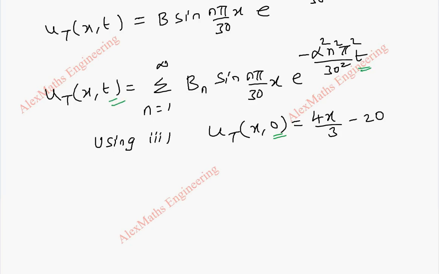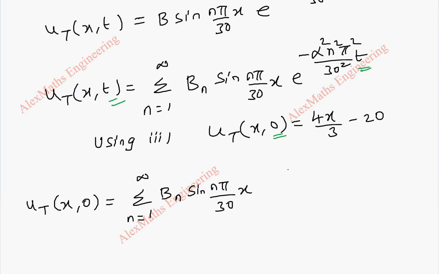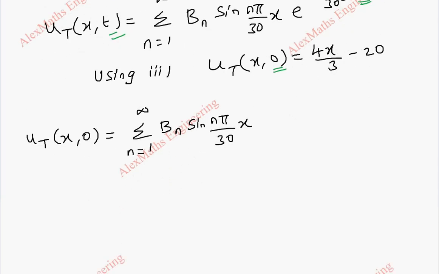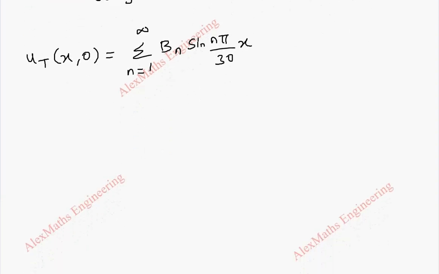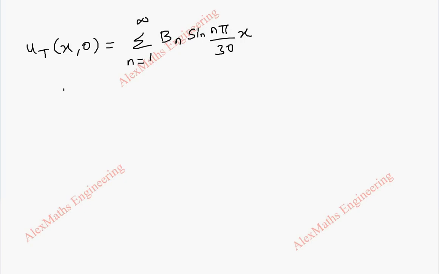So when t is 0, u(x, 0) equals the summation, n from 1 to infinity, of Bn sin(nπx/30), since e to the power 0 is 1. We have left only this much, and this is the half range Fourier sine series.